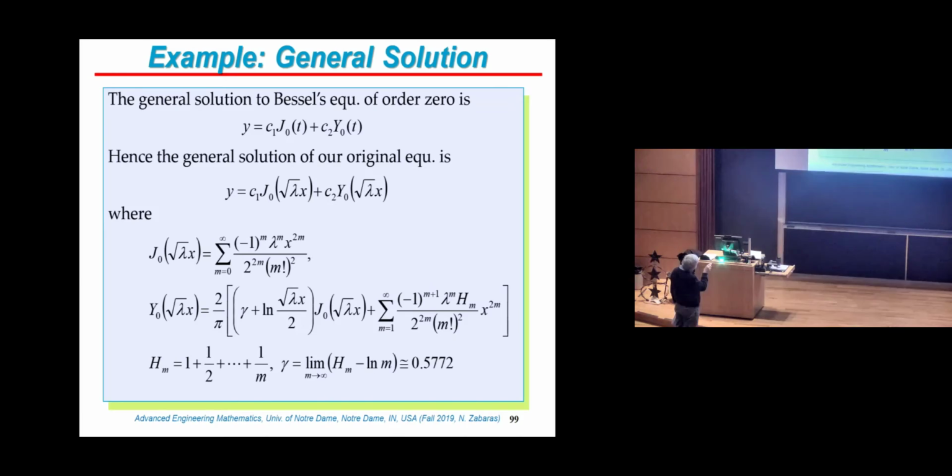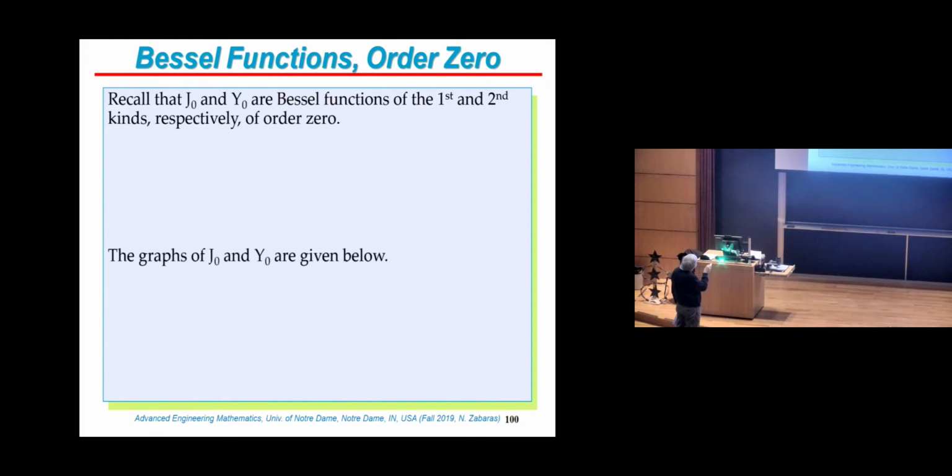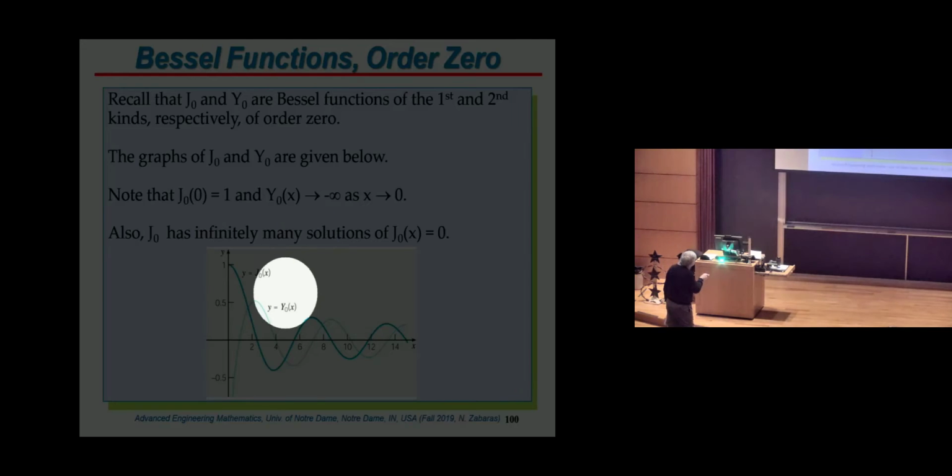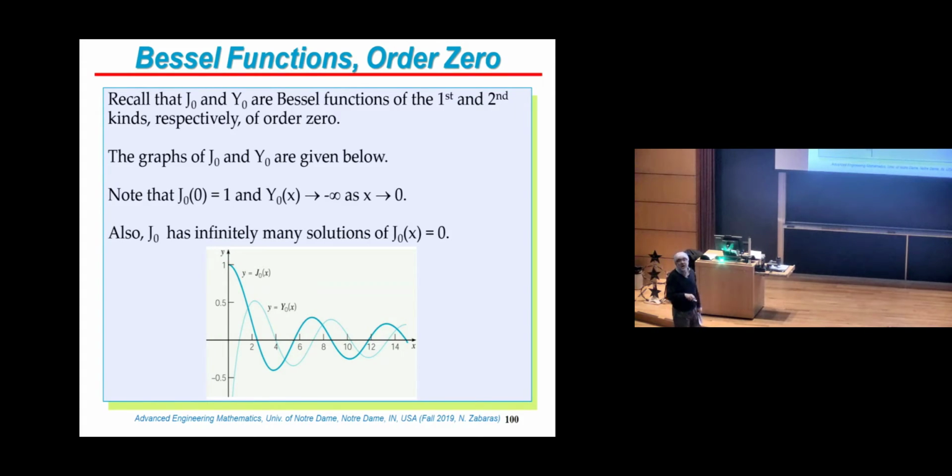So we have a combination of Bessel functions of the first and the second kind. And I only want to plot those, so the rest is not very important. Observe that Y0, what does it do at x equal to 0? It blows up.